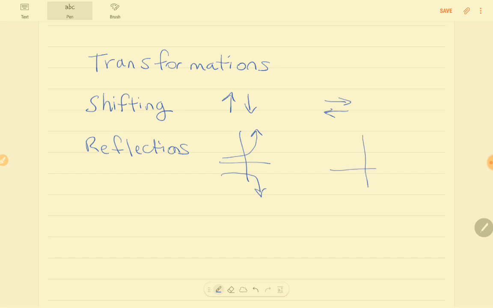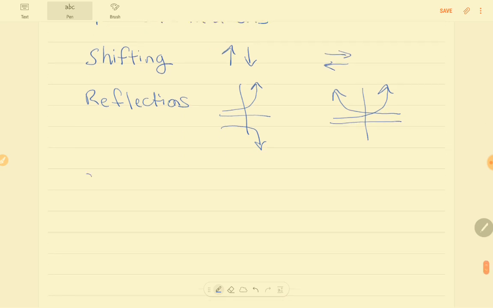You can take that same thing, like a J-curve, and reflect it across the x-axis, or I meant to say the y-axis. And what else can we do? We can stretch things and compress things or shrink them.